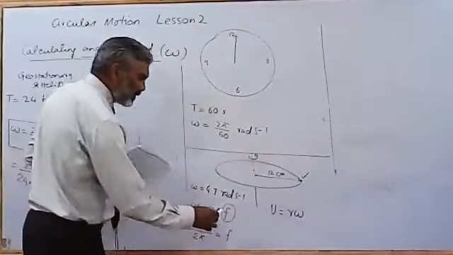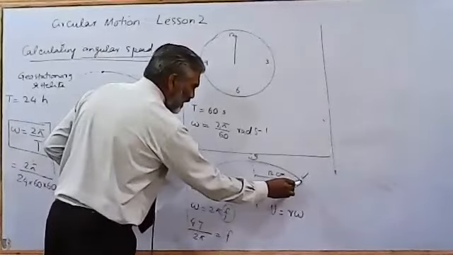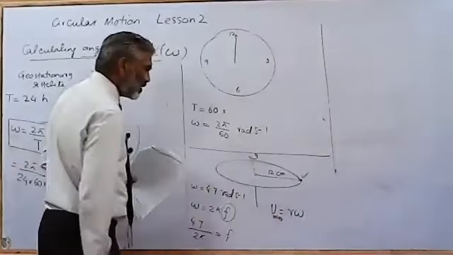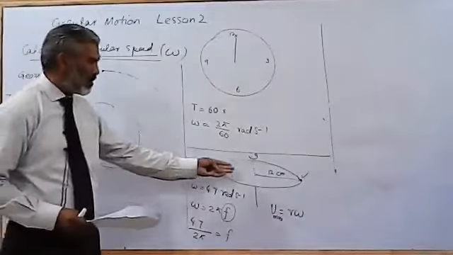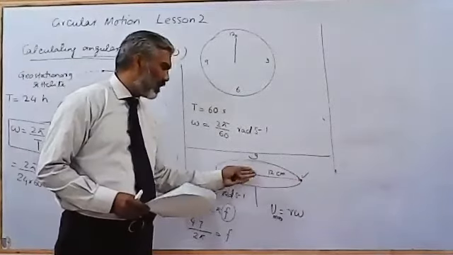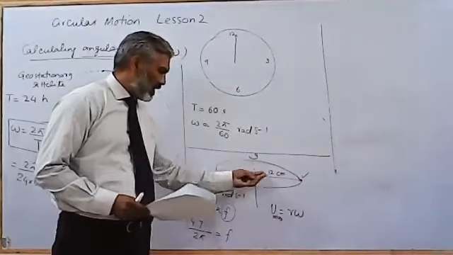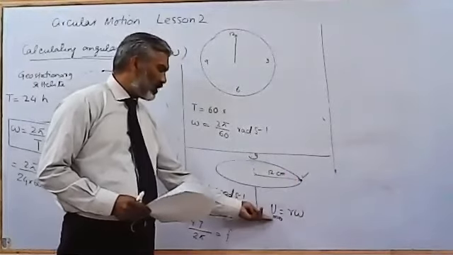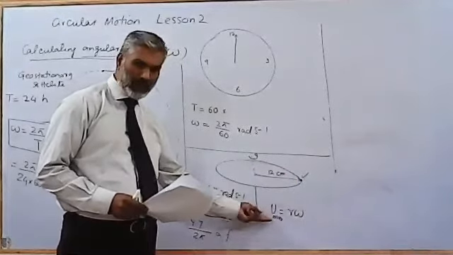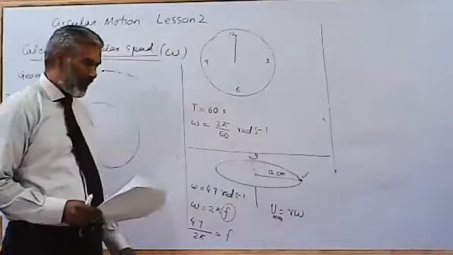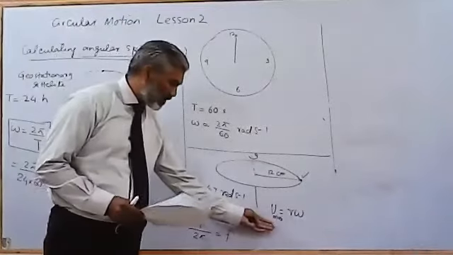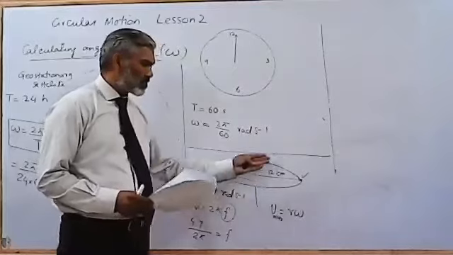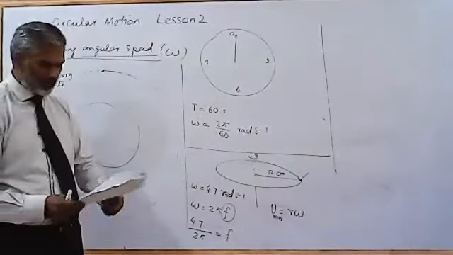The important point to remember is that the object here will have the maximum speed, because this will be the maximum distance of it from the axis of this disk. If I place this object closer, this will not be the maximum speed, this will become smaller than the maximum value. But v max means we have placed this mass at the extreme end of the disk.